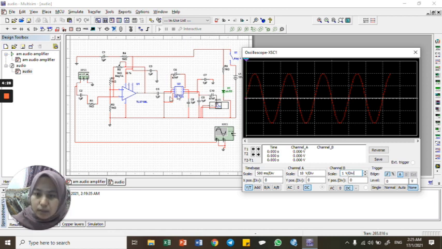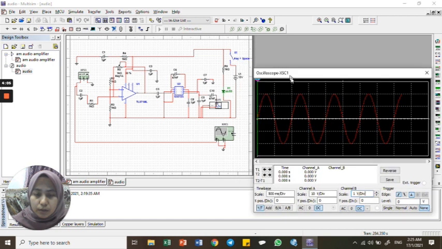The TL071 is exactly the same as the more famous 741. The only difference lies in the fact that the TL071 has FET on its input and the 741 has bipolar transistors. And let's see the circuit.